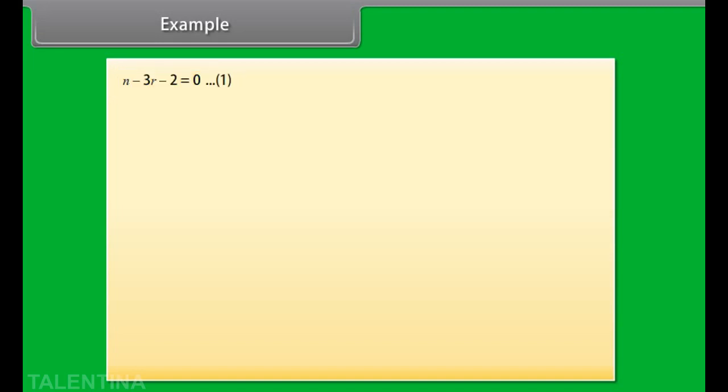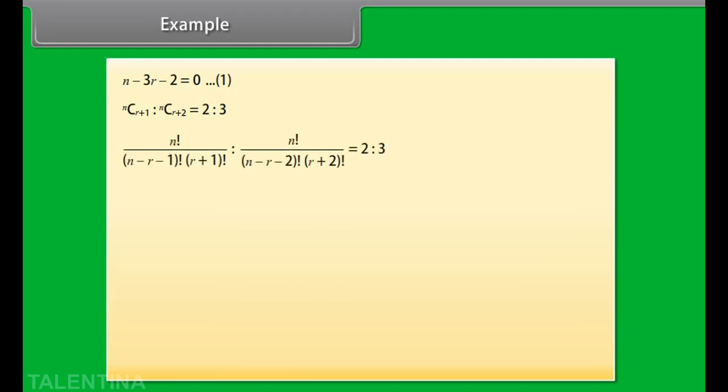Name it as 1. nC(r plus 1) is to nC(r plus 2) is equal to 2 is to 3. n factorial by (n minus r minus 1) factorial into (r plus 1) factorial is to n factorial by (n minus r minus 2) factorial into (r plus 2) factorial is equal to 2 is to 3.